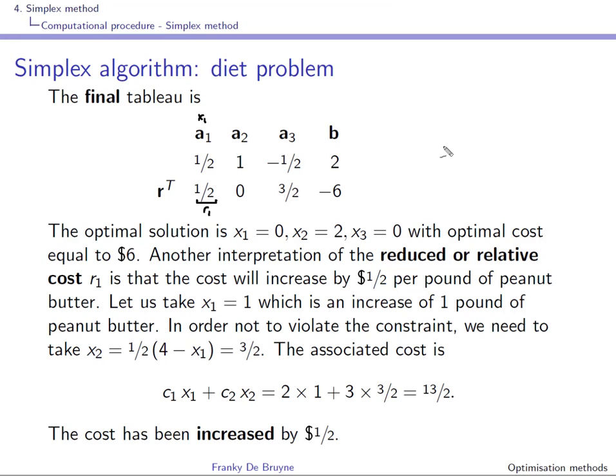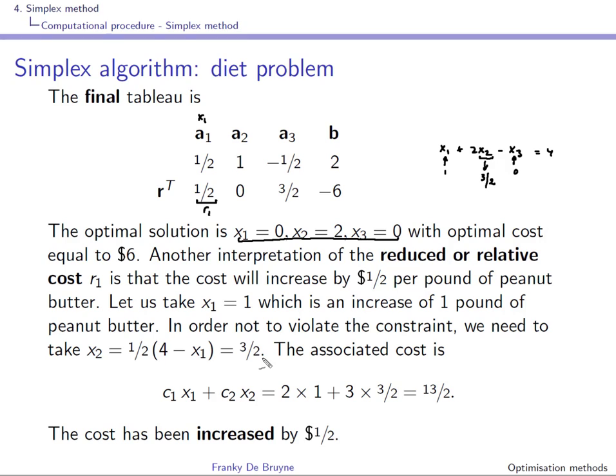So remember that the initial constraint after transformation to the standard problem has become x1 plus 2x2 minus x3 is equal to 4. You will see that the optimal solution meets this constraint. If you now increase x1 to 1, right, and you leave x3 is equal to 0 because you want to meet the constraint, then you'll have to take x2 is equal to 3 over 2.